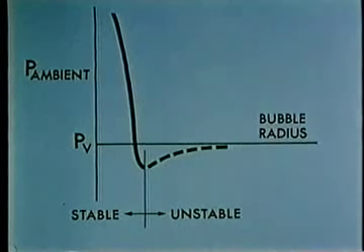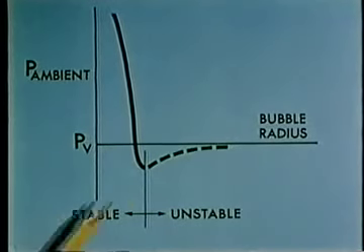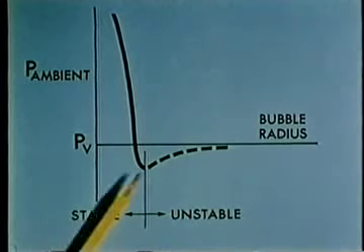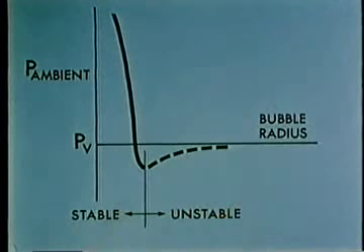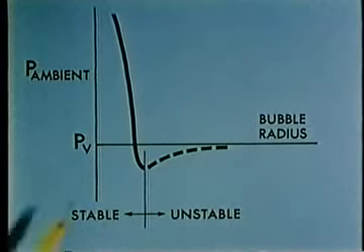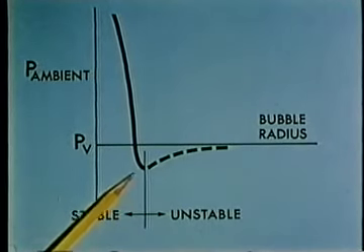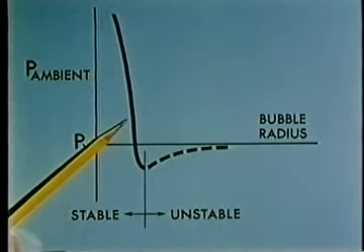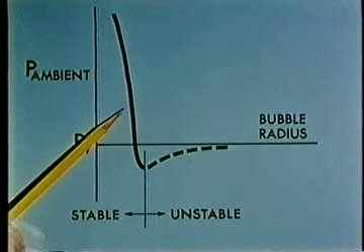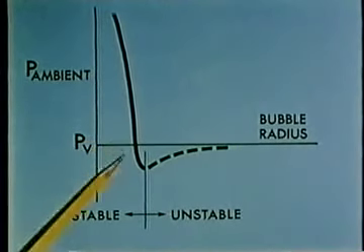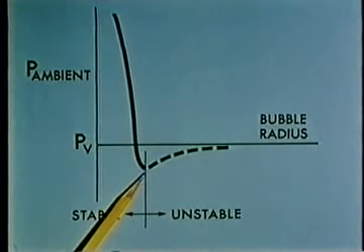As long as the ambient pressure is above this minimum and the initial bubble radius is smaller than the radius associated with it, the nucleus is stable and tends to reach an equilibrium radius along this portion of the curve. If, however, the pressure drops below the critical value, the bubble becomes unstable and grows without bound. If a smaller gas content is available, even lower pressures are required.